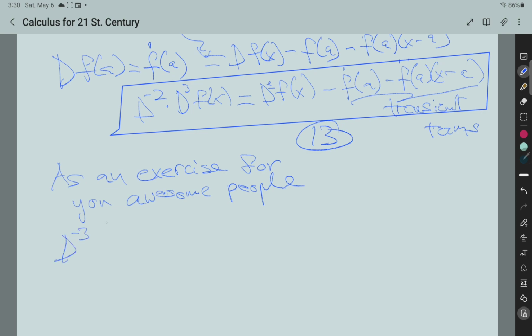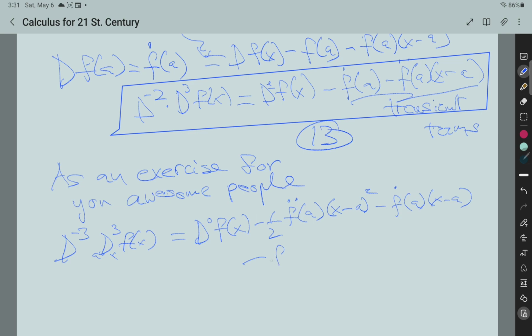D minus 3 d3 f of x is equal to d0 of f of x minus 1/2 f double dot of a times x minus a squared, minus f dot of a times x minus a, and then minus f of a.